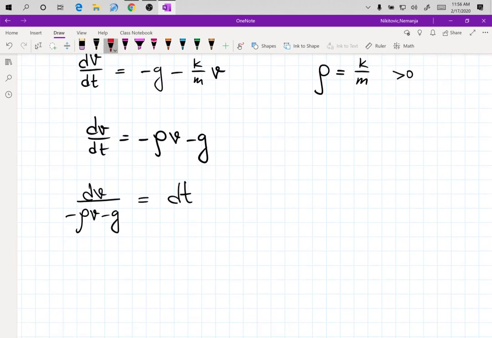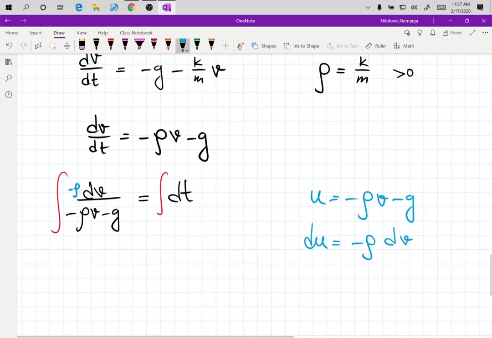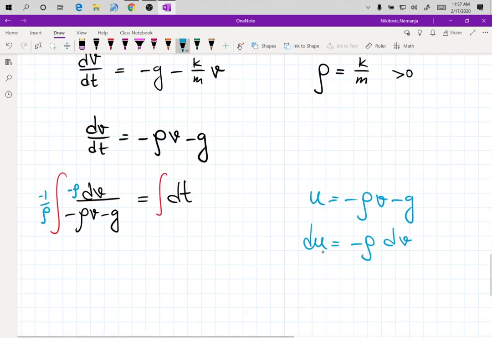So when we hit both sides with the integral sign, we can use the u substitution as u equals negative rho v minus g. du equals negative rho dv. And I don't have negative rho, so I have to insert negative rho and put negative 1 over rho on the outside to balance the one I put in.